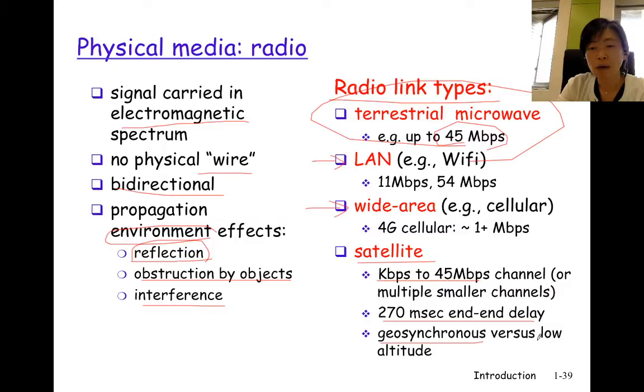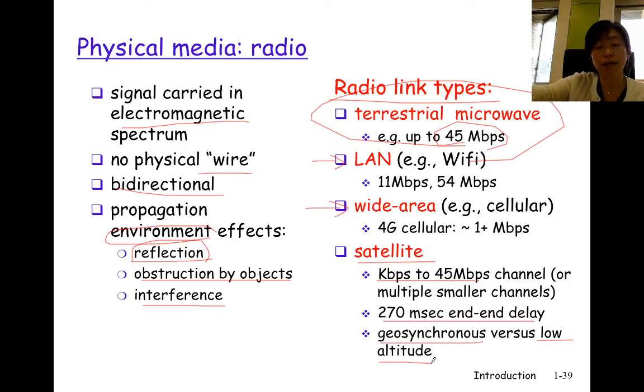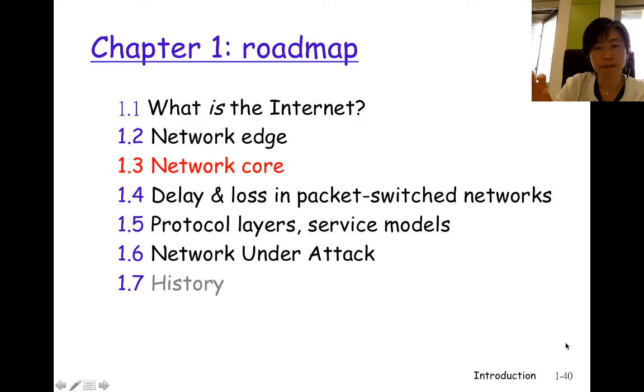Now, the low altitude satellites, however, operate in a lower orbit, and they are somewhat less stationary. And so you see that the end-to-end delay for the geosynchronous satellites will be even longer, but the low altitude ones will be shorter. So that was the physical media.